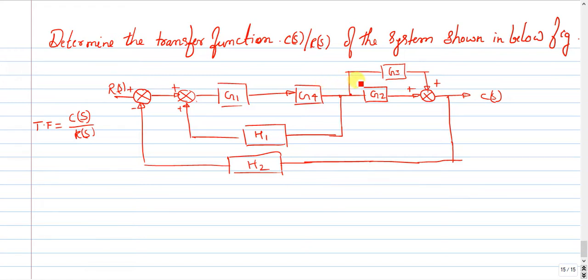If you observe the signal from input to output, we call this the forward path, and we have a total of 1, 2, 3 takeoff points. Are all 3 feedback? You need to check with the direction. When I check here, this one is in the opposite direction, so this will act as a feedback.